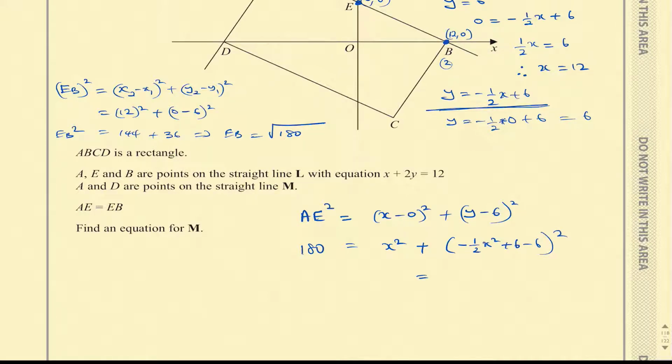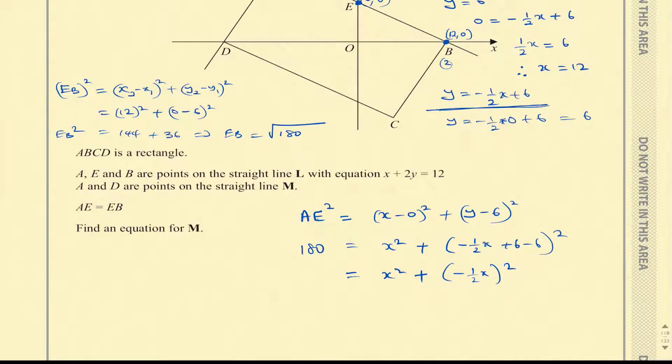So that will become X squared plus minus a half X all squared, because plus 6 minus 6 is 0.